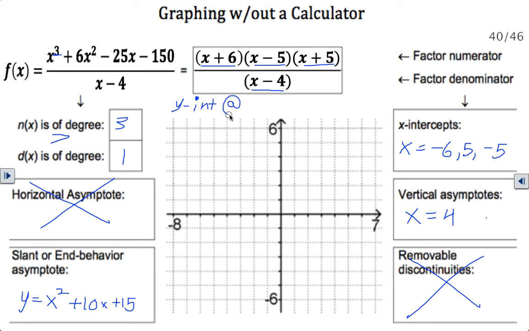All right, y-intercept is at y equals what? So if I get rid of this and I get rid of this, I'm left with negative 150 over, or excuse me, over negative 4, so it's going to be a positive number. 15 divided by 4 is 3, and let me see.